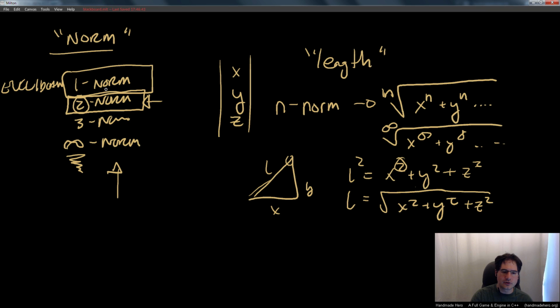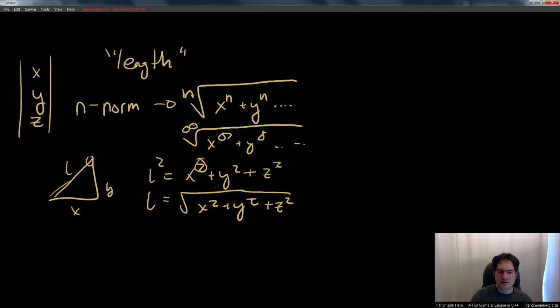So 1 norm, 2 norm, very common. 3 norm, not so much. Infinity norm, more common than you might think, because what happens when you take the infinite root of a sum of infinite powers? Well, the answer is that actually everything but the largest variable drops out.